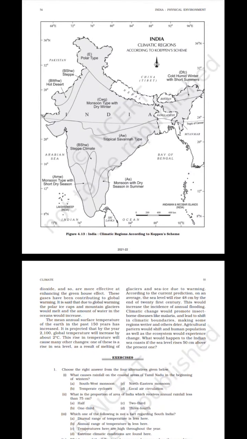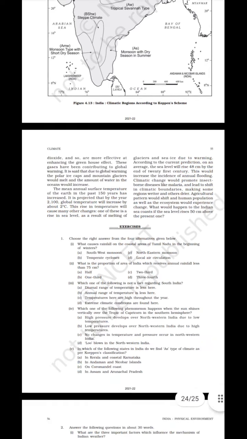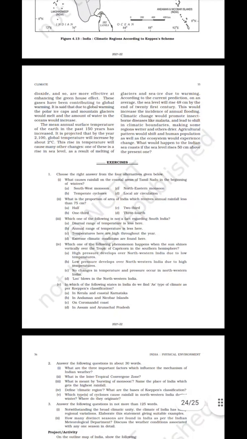Take a look at figure 4.13, India climatic regions according to Köppen's scale. These gases have been contributing to global warming. It is said that due to global warming, the polar ice caps and mountain glaciers would melt and the amount of water in the oceans would increase.